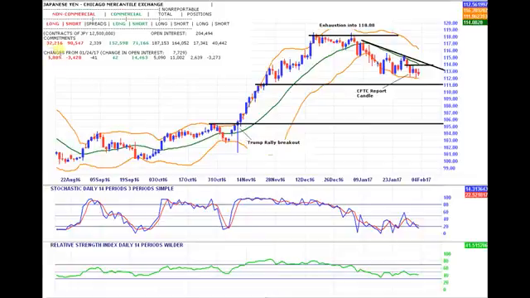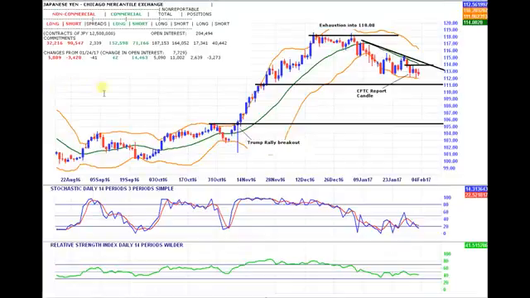But this week, in terms of the non-commercials, they've got 32,000 odd bullish bets on the yen, 90,000 bearish bets. So they're nearly 3 to 1 in terms of their bearish Japanese yen bets. That makes them bullish USD JPY by a ratio of 3 to 1.